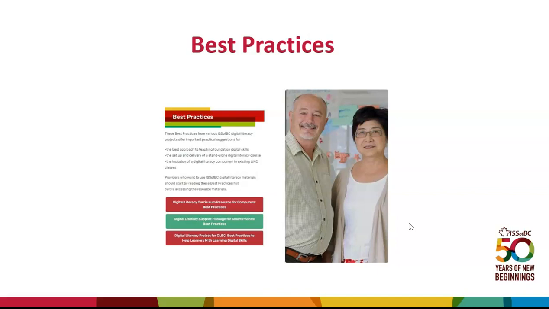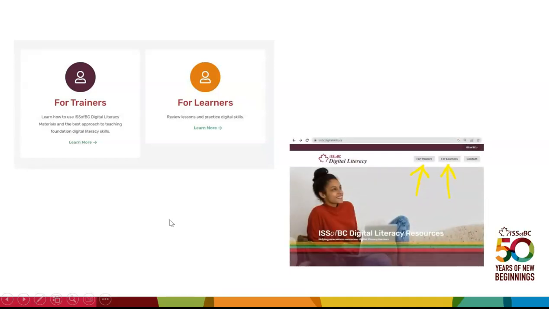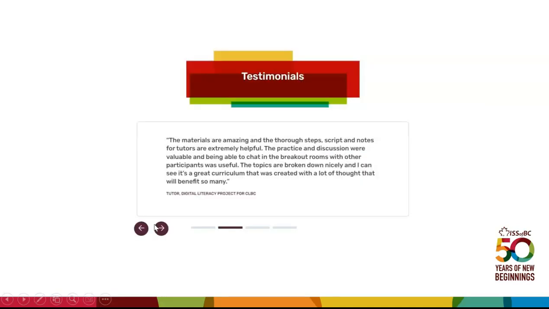This information is accessible to anyone. No password is needed. At the bottom of the homepage are links to the For Trainers and For Learners pages. However, there are also tabs for these at the top of the homepage. At the very bottom of the homepage are testimonials from coaches across Canada who have used the resources with success.